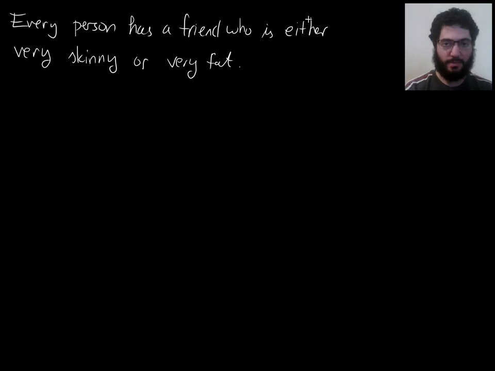So here's an example, and this one is one of the ones on your quiz. Actually, what's on your quiz is just to rewrite this using symbols. So what I'm showing you now should help you a little bit on the quiz. So every person has a friend who is either very skinny or very fat. So there are a few things I ask you to do with sentences like this.